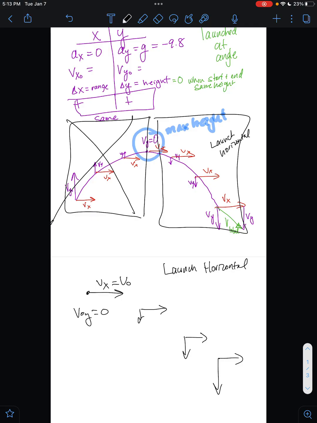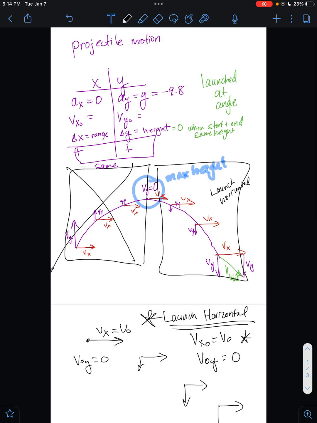Knowing that when you launch horizontally, your starting x velocity is your launch velocity and your starting y velocity is equal to 0, those are the key factors for a horizontal launch problem. And when you launch at an angle, the key factor is that you start and end at the same height.